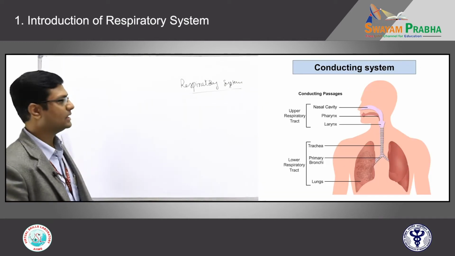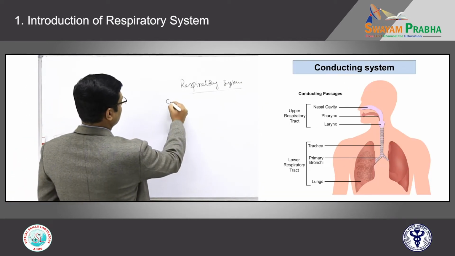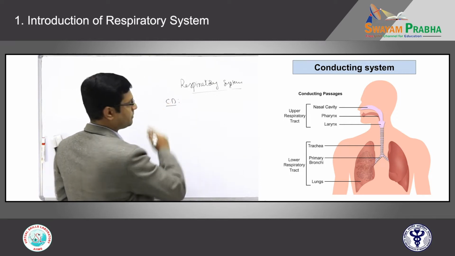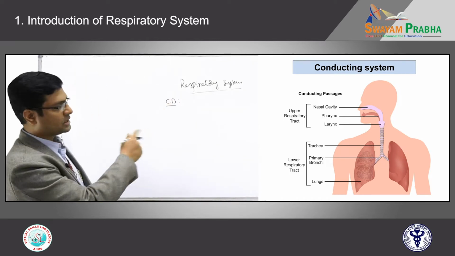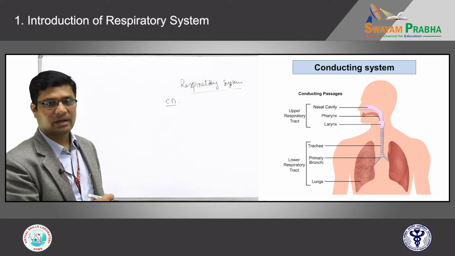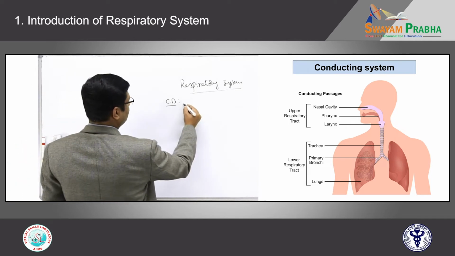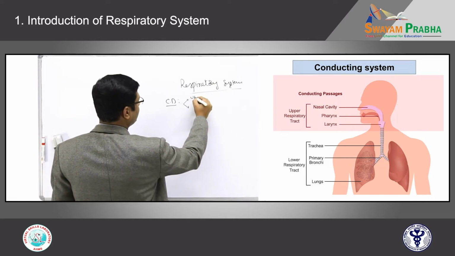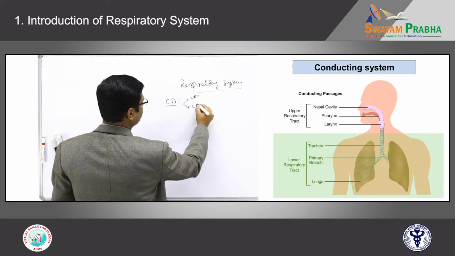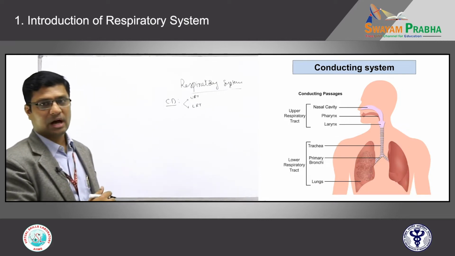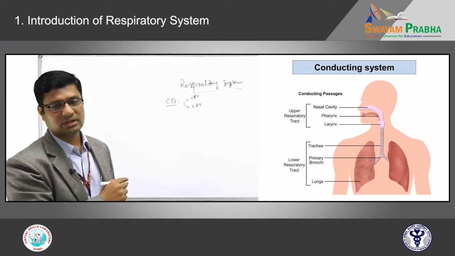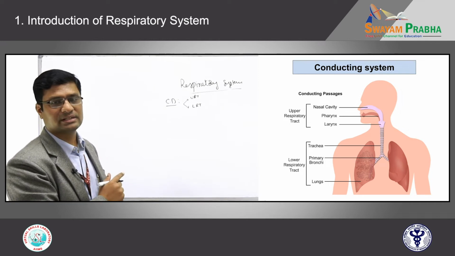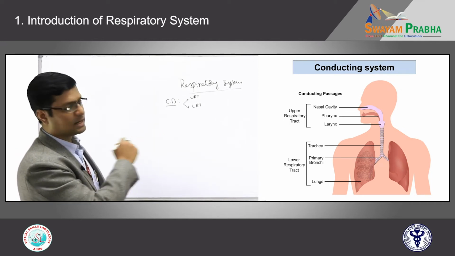Now we will see the conducting system, which has been shown in the slides. The conducting system or respiratory tract is actually divided into two parts: the upper respiratory tract and the lower respiratory tract. The upper respiratory tract mainly consists of the nasal cavity, pharynx and larynx.